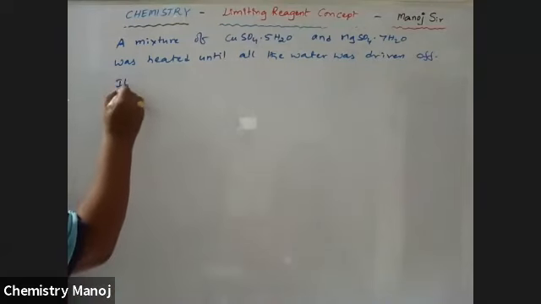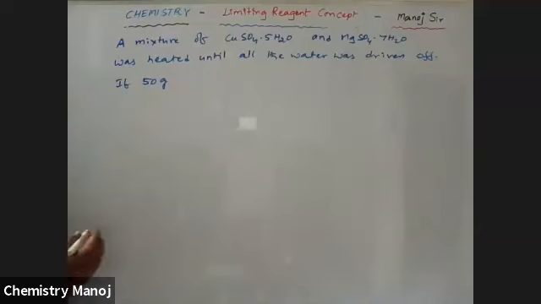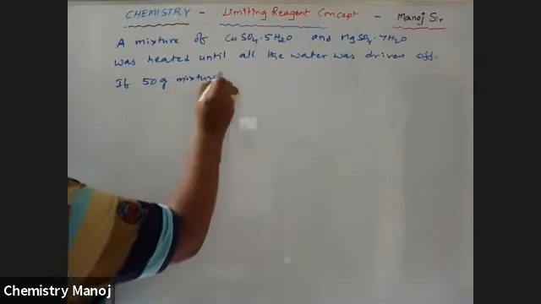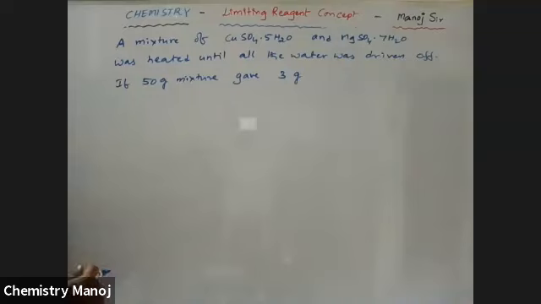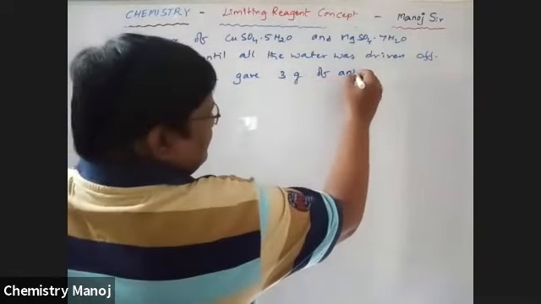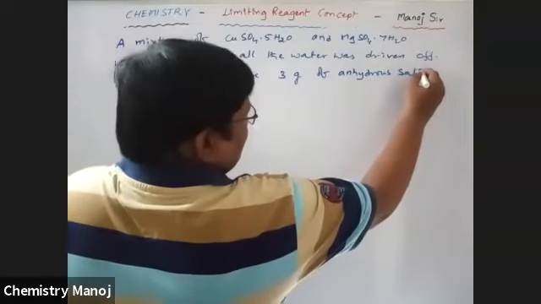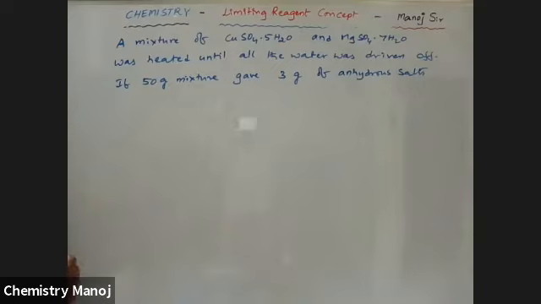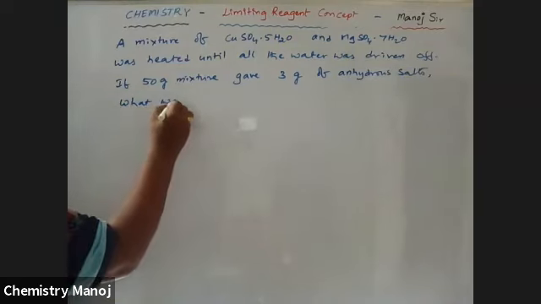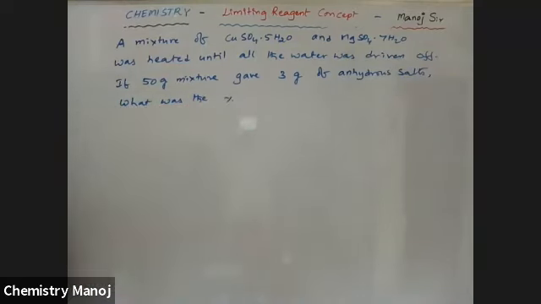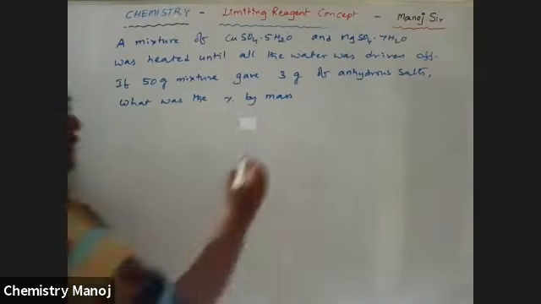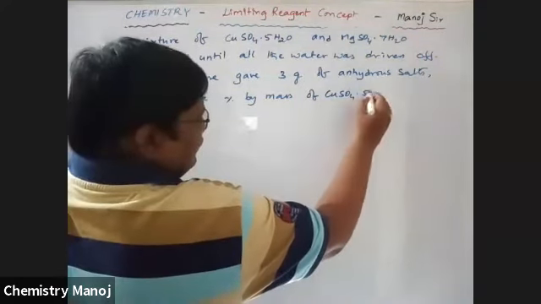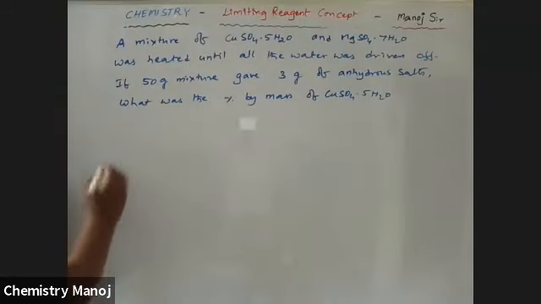If 5 grams of the mixture gave 3 grams of anhydrous salt, what was the percentage by mass of CuSO4 5H2O in the mixture?